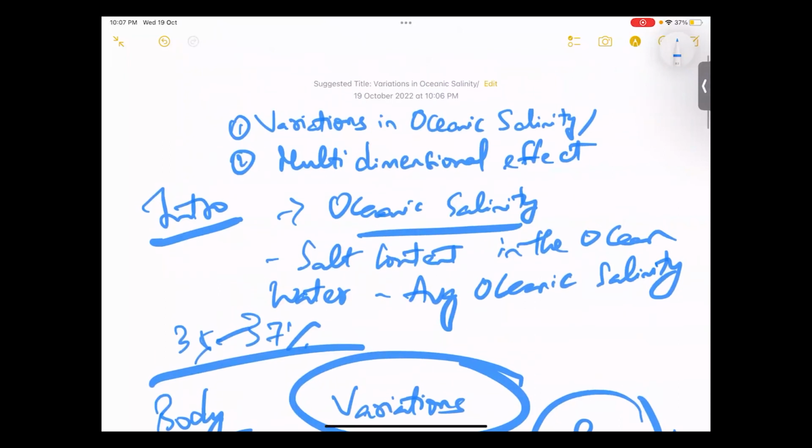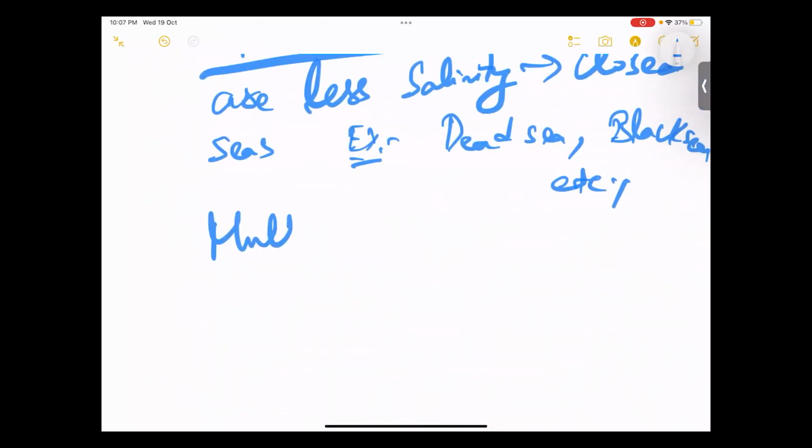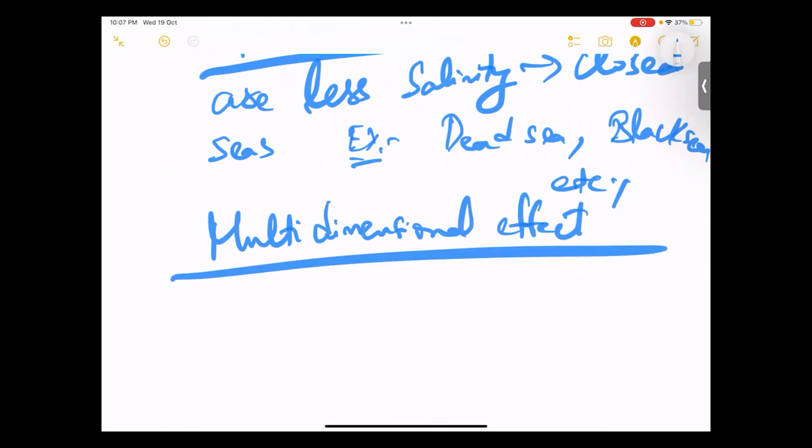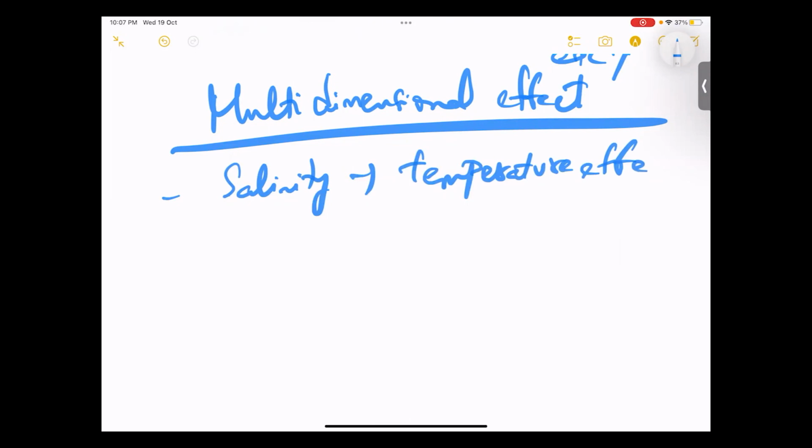Now, the next part is what is the multi-dimensional effect of this salinity? Basically, the salinity decides the temperature, has an effect on the temperature of that area.